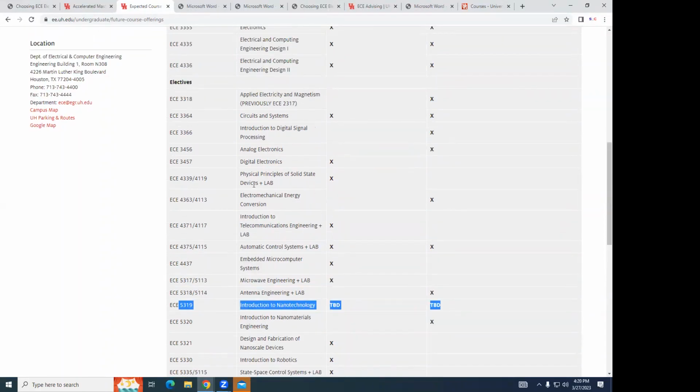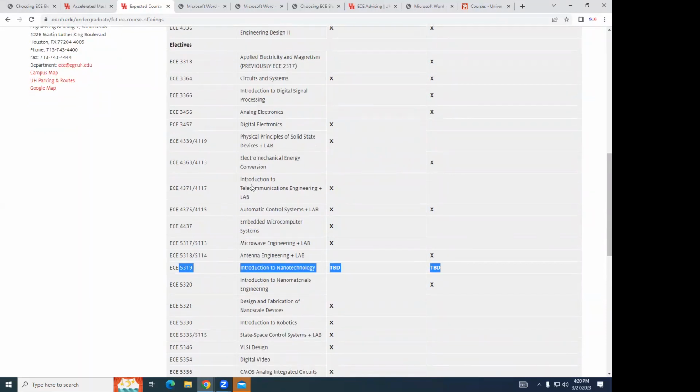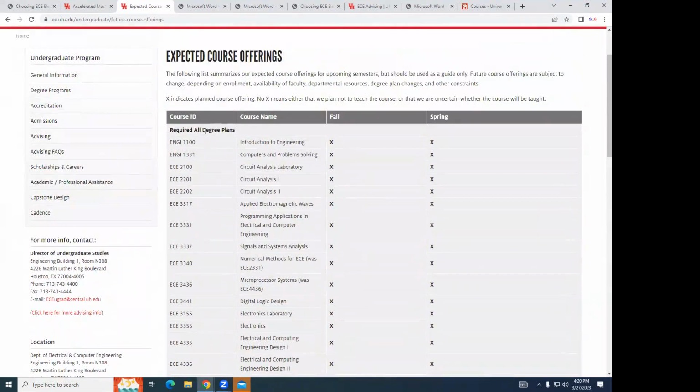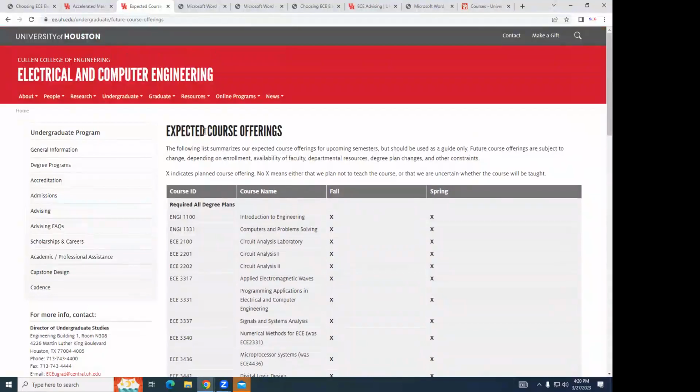These electives are generally taught in either fall or spring, and so you've got to be careful that you know when they're being offered, and you have to be aware of the prerequisites. The electives are, of course, not on the flow chart, so you have to go to the course catalog to look to see what the prerequisites are, okay? So let's see. What else do I need to tell you?